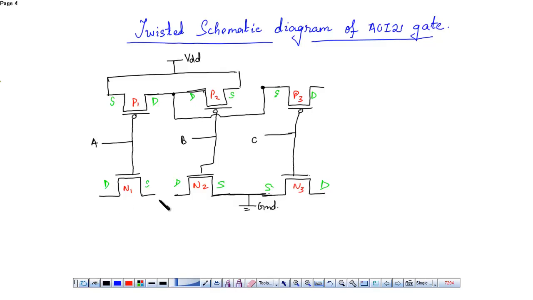So now, since these two were in series, this drain of N1 and this drain of N2 were connected together with the drain of P3.